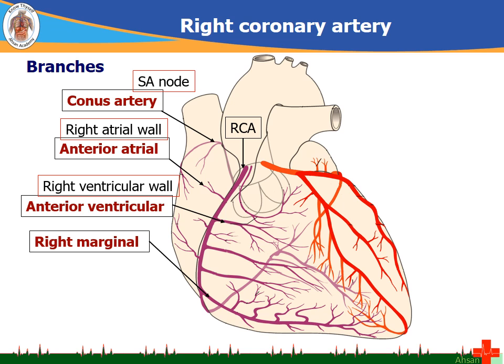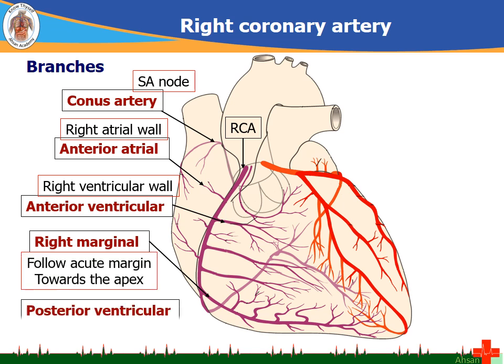This is the right marginal artery. This is one large artery. It follows the acute border of the heart, and it ends short of the apex of the heart. This is the artery arising in the diaphragmatic surface, as the right coronary artery hooks round, continues in the inferior surface.